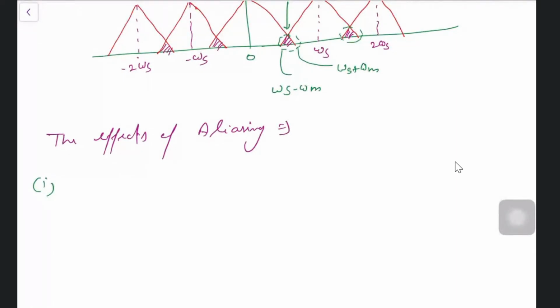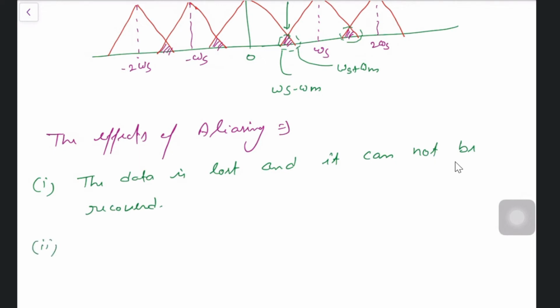So the first point is the data is lost and it cannot be recovered, because it is not following the sampling theorem.